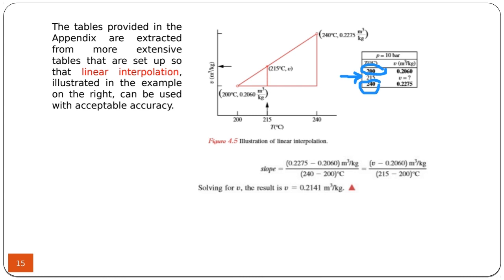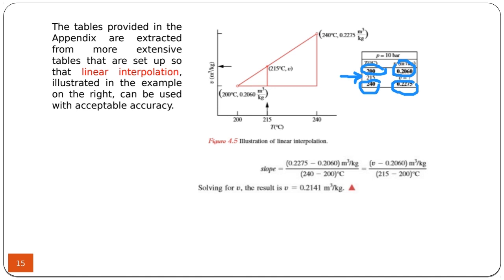The value for 200 is given as 0.206. The table value for 240 is given as 0.2275, but you need to find the value for 215.